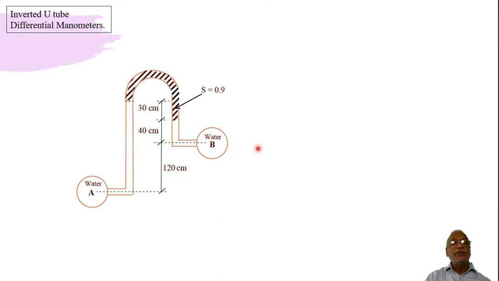Now the target is to find out PA minus PB. Obviously the question may be PA minus PB or PB minus PA. So let me write that what we require is to find out PA minus PB. What is the starting point? If you remember, the level that we should search is a horizontal level in the same liquid medium.